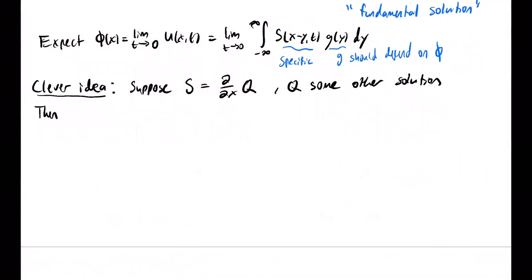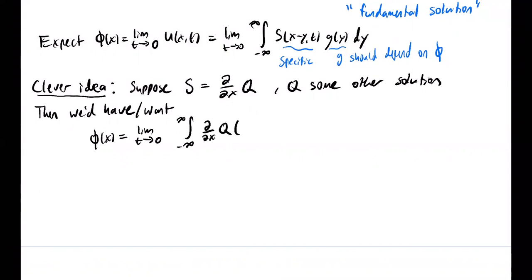And so what does this imply? Why is this a clever idea? Well, let me not be so conclusive yet. We would have phi of x is the limit as t goes to 0 of the integral from minus infinity to infinity of the derivative with respect to x of q of x minus yt, because that's what my function s is, times g of y dy.